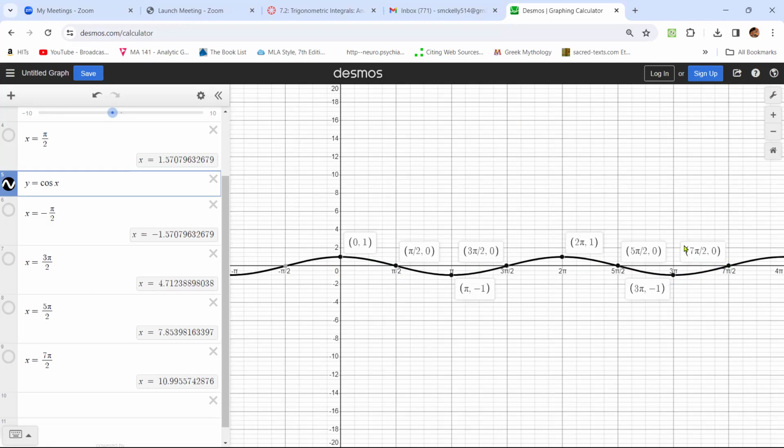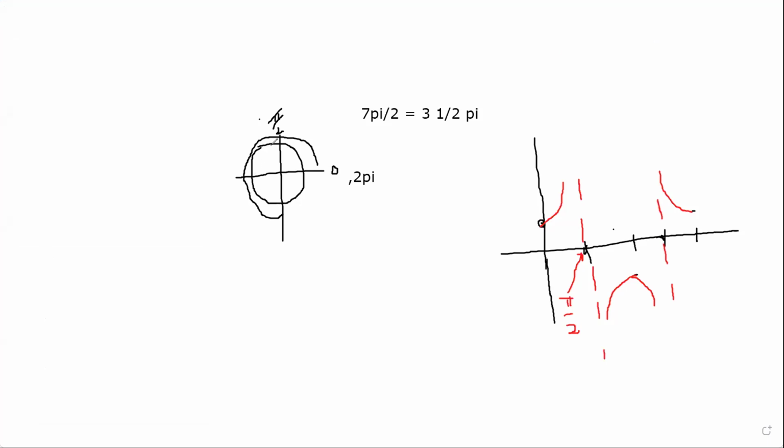Okay. Cosine 7 pi over 2, 0. Why? Because cosine of pi over 2 is 0. Cosine of 90 degrees. Unit circle. Here's my unit circle.